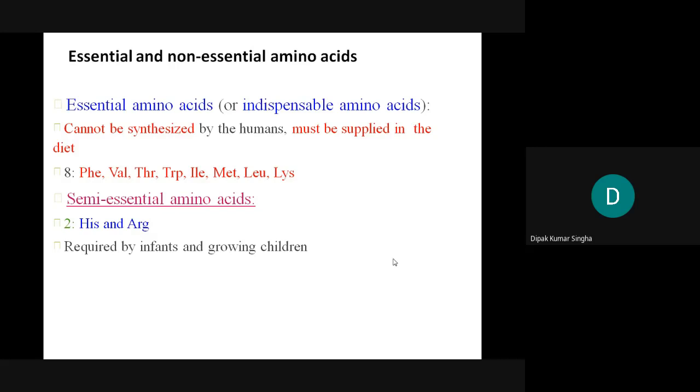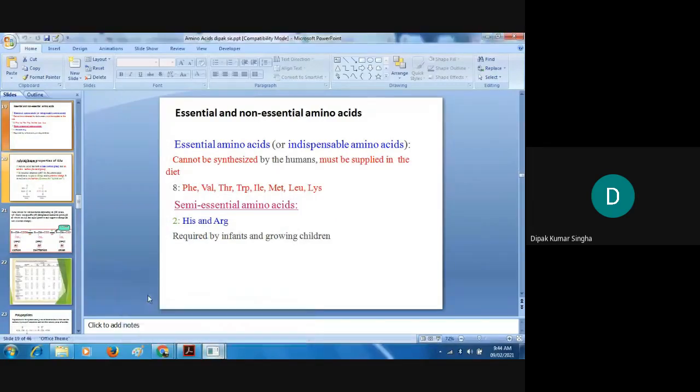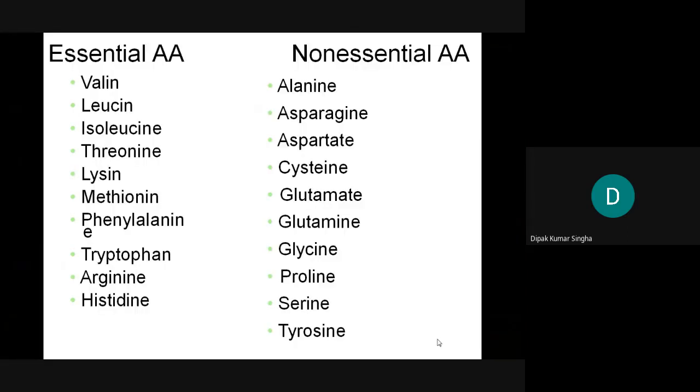Some books also mention semi-essential, but at your syllabus level you can remember it as 10 essential and 10 non-essential amino acids. Actually all 20 amino acids are needed, but out of 20, 10 are essential and 10 are non-essential.